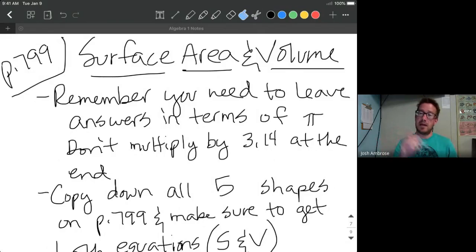Your answer would be 8 pi. Okay, that helps you, it helps me. To be honest with you, it's pretty rare that you're going to have the requirement of really multiplying by pi. Even with my Algebra 2 students, I pretty much always say just leave your answers in terms of pi. All right, so there's that.